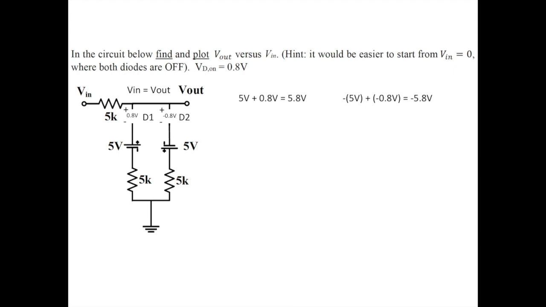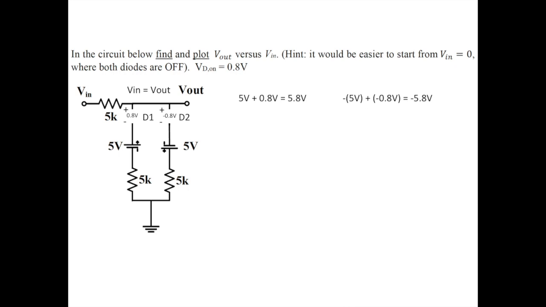We can see that we have a 5 volt source that then runs through a 5K resistor to ground. Now, since D1 is not on, there's no current flowing through the 5K resistor, so that resistor has a voltage drop of 0. So really we only need to consider the 5 volt source. What this means is that at the negative terminal of D1 we have 5 volts.